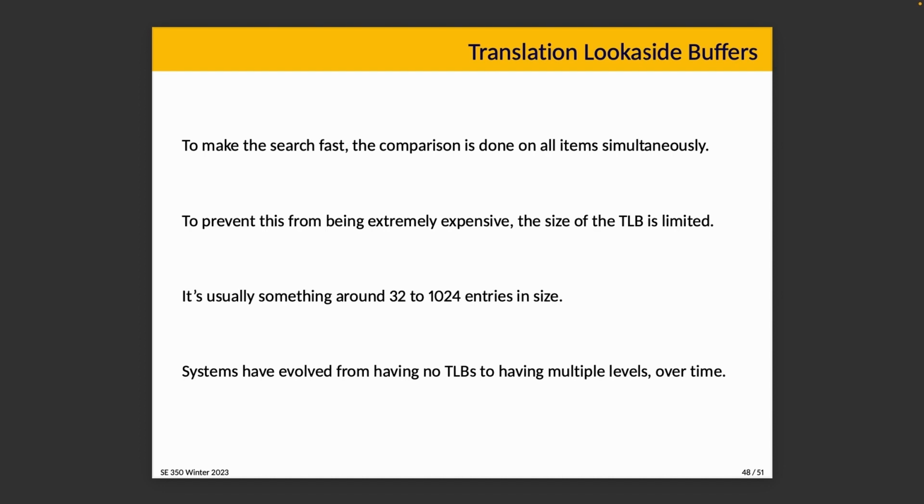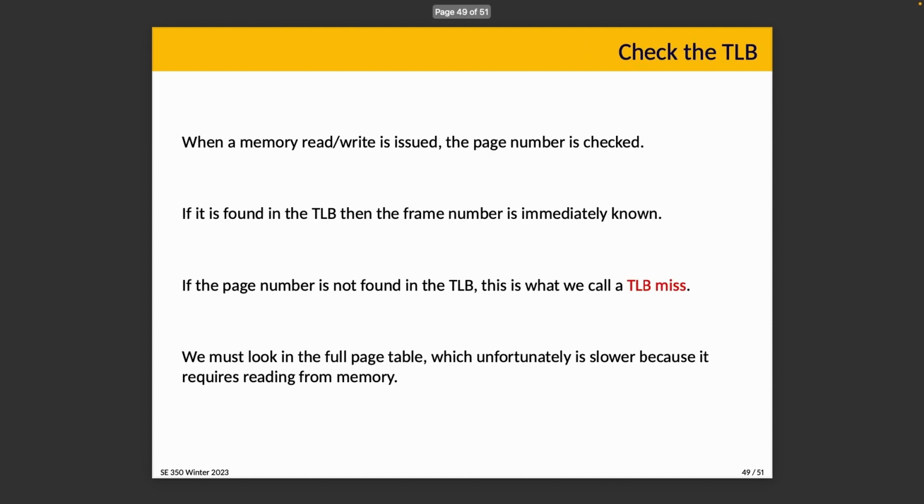Now, systems have evolved from having no translation lookaside buffer to having multiple levels over time if needed. When a memory read or write is issued, we check the page number, and check means consult the TLB and see if the entry we're looking for is in there. If the answer is yes, great, we don't have to do anything else, because the frame number that corresponds to that page is immediately known.